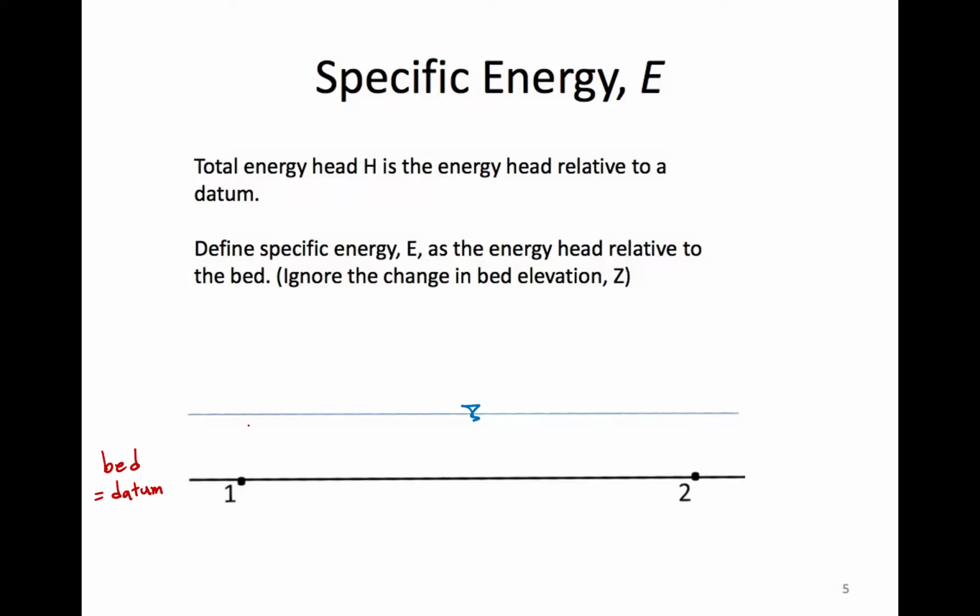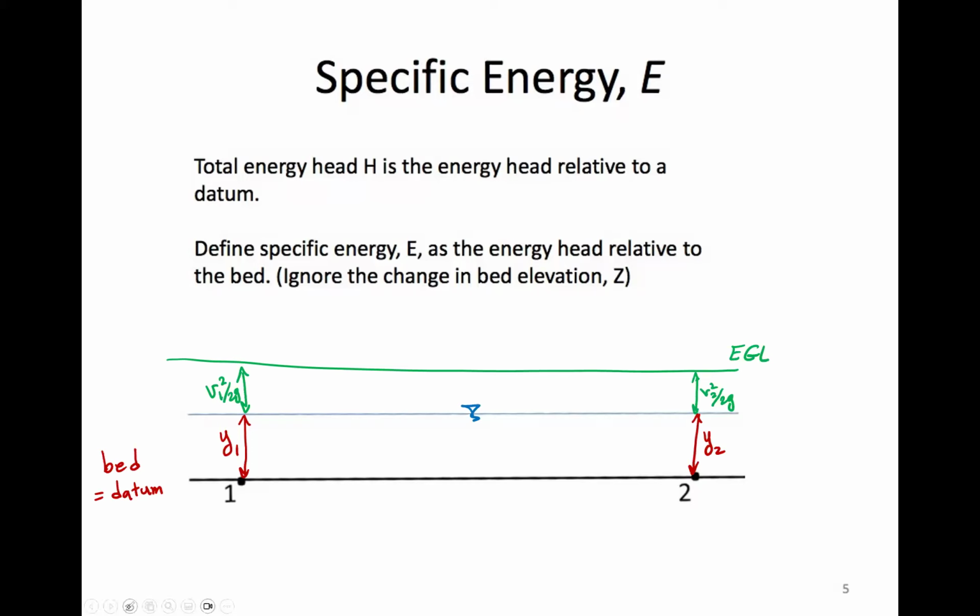If we do that, in section 1 we have a depth of Y1, and in section 2 we have a depth of Y2. Nothing new. We have velocity heads of V1 squared over 2g and V2 squared over 2g. And if we connect them, we get the EGL.